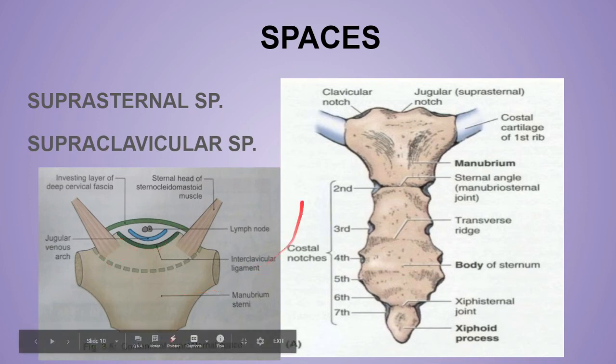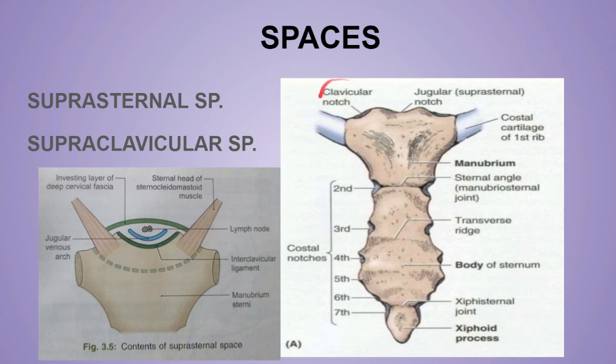So just remember this diagram, you will remember all the contents of the suprasternal space. And next is the supraclavicular space. This is the clavicle, and above this there will be the supraclavicular space, and it has mainly three things: external jugular vein, supraclavicular nerves, and the cutaneous vessels including the lymphatics. So one vein, external jugular vein, one nerve, the supraclavicular nerve, and cutaneous vessels.